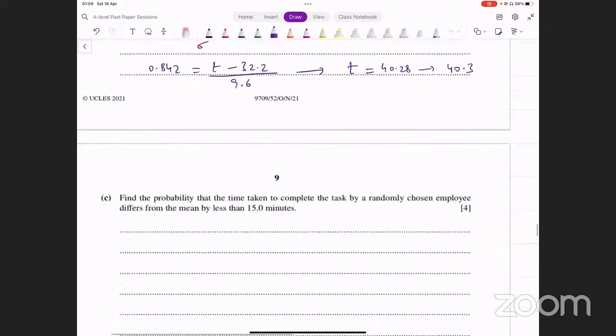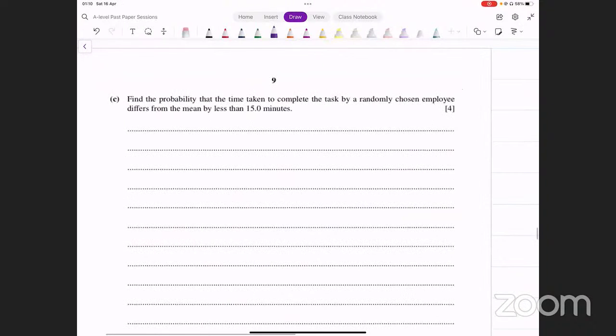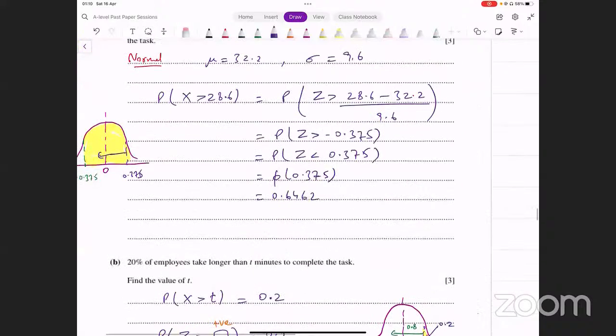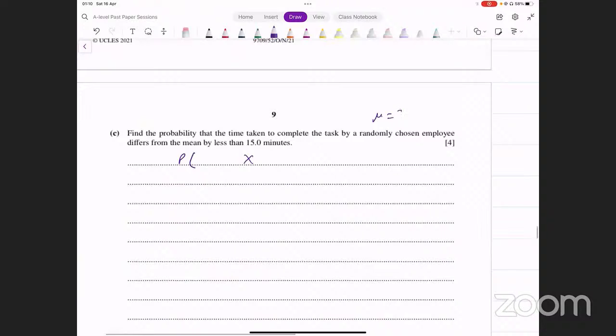अच्छा, let's move on. Part C. Find the probability that the time taken to complete the task by a randomly chosen employee differs from the mean by less than 15 minutes. इसका क्या मतलब हुआ? X जो है उसका मीन से डिस्टेंस 15 से कम होना चाहिए. What's the mean? Mean is 32.2. मीन आपका था 32.2. तो बेसिकली प्लस माइनस 15 हो सकता है उसके अंदर.